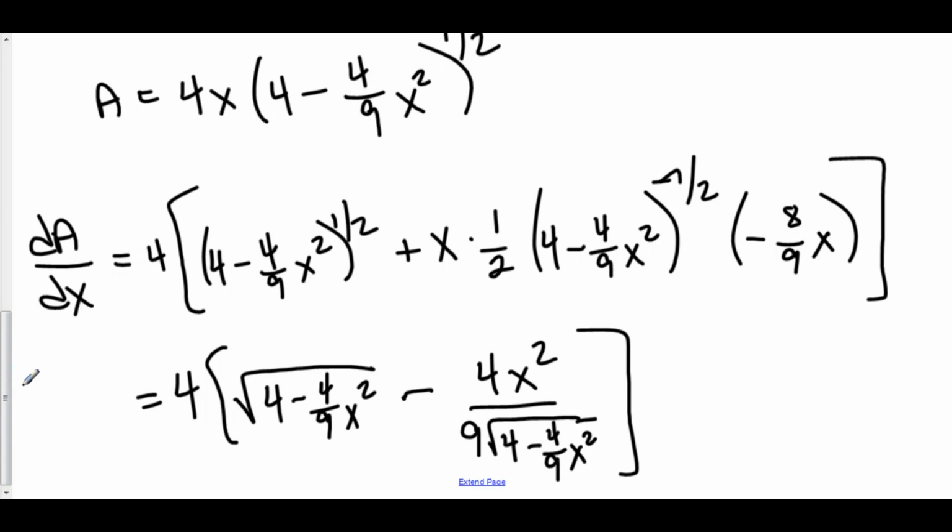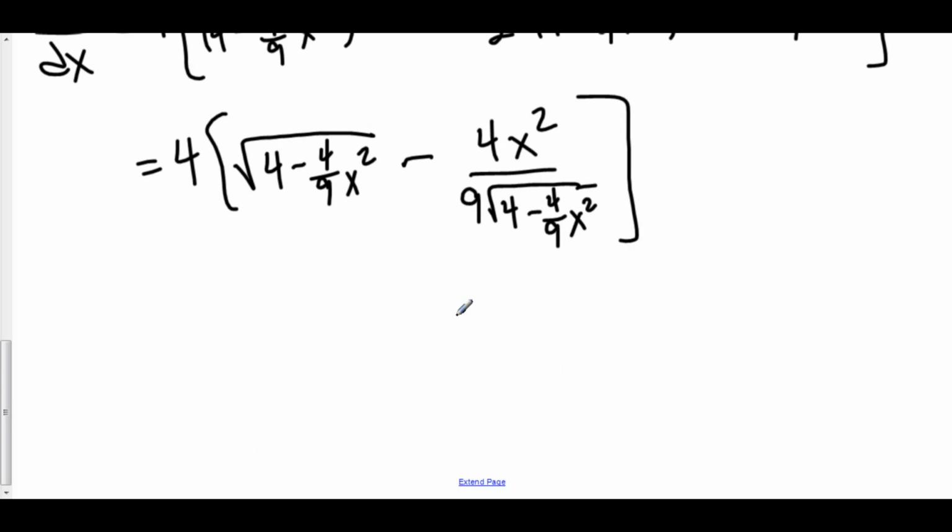Now, we need to do some arithmetic here. Let's get a common denominator underneath. So we'll multiply this fraction right here by 9 times the square root of 4 minus 4 over 9 x squared.